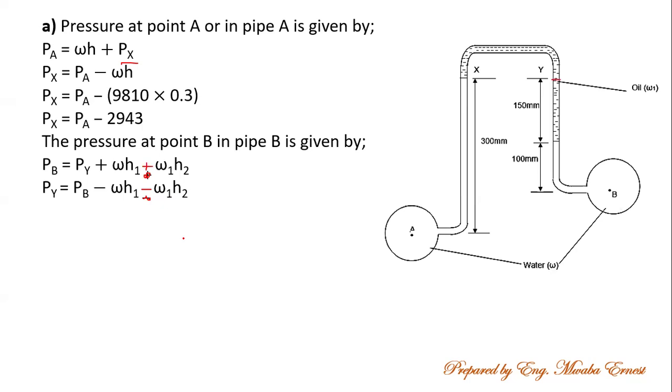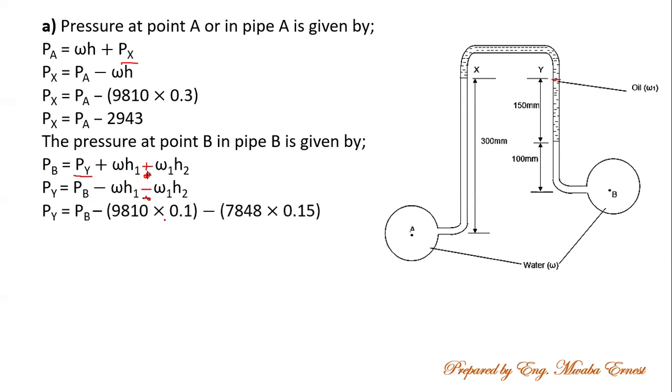So what do you do next? When you make this equation, the next thing is to make PY the subject, meaning everything else moves to the other side. So pressure PB minus omega H1 minus omega 1 H2.